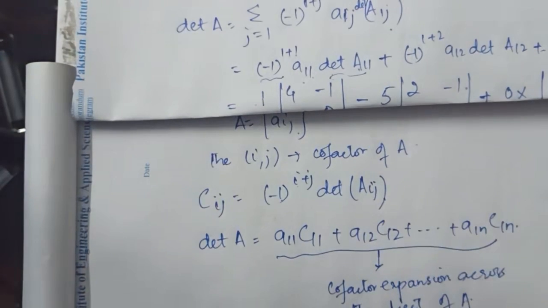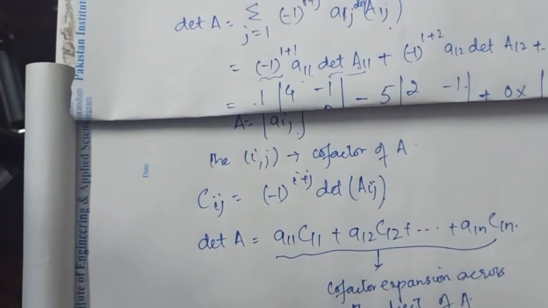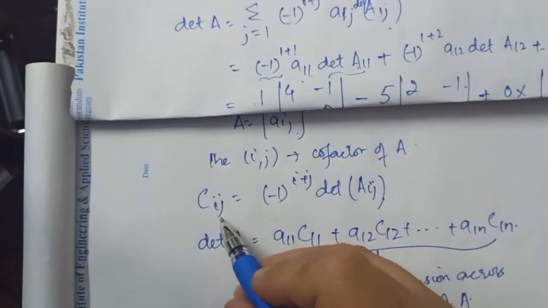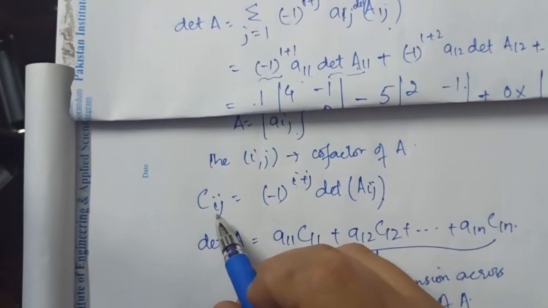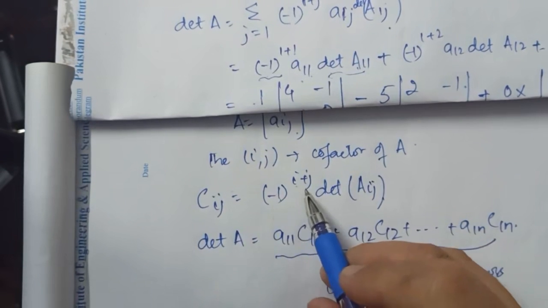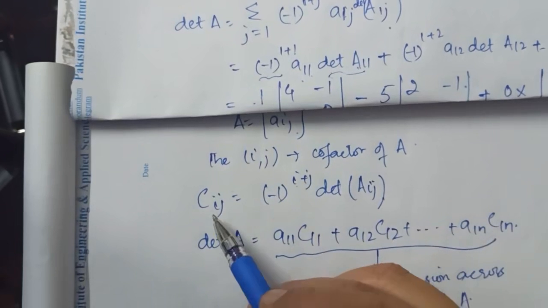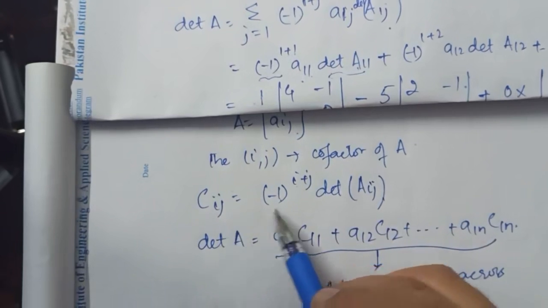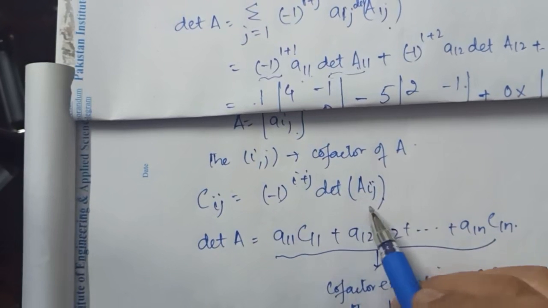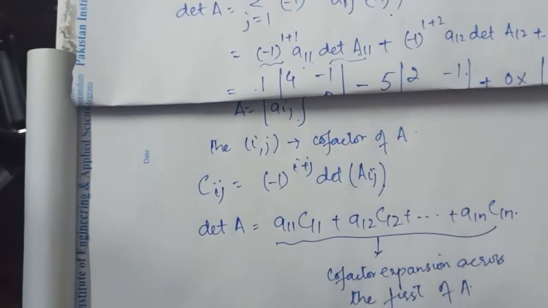So it says you can actually write the cofactor for any element of the matrix, which is Cij, equal to minus 1 to the power i plus j, and you remove the ith row and jth column, and then you take the determinant of that matrix, right?